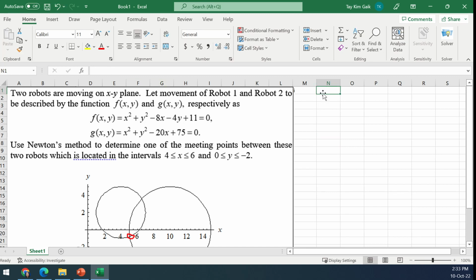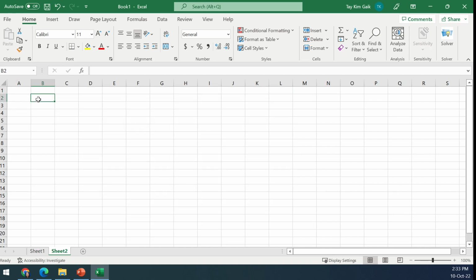Okay, I got I here, vector x, and then the Jacobian. We need two columns, so I have the Jacobian. Okay, the vector f, and then I need the delta x.